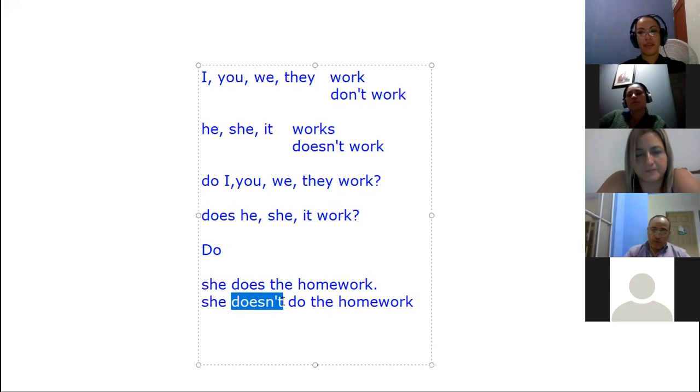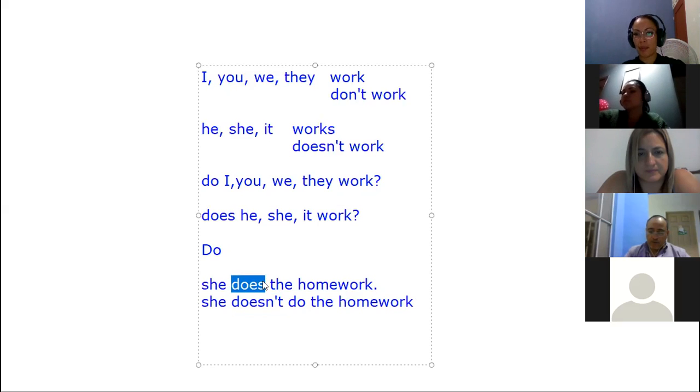Acuérdense que en oraciones afirmativas no usamos auxiliar, ¿verdad? Aquí yo estoy diciendo, ella hace la tarea. Yo estoy afirmando que ella hace la tarea. Entonces aquí me está funcionando como verbo, hacer. Aquí me funciona como auxiliar y aquí me está funcionando como verbo.